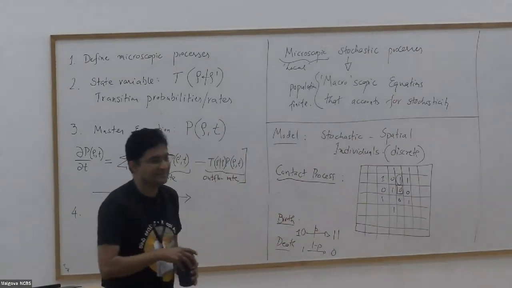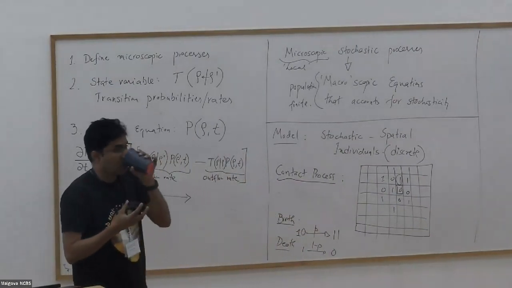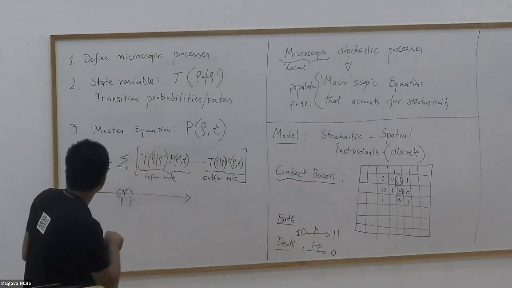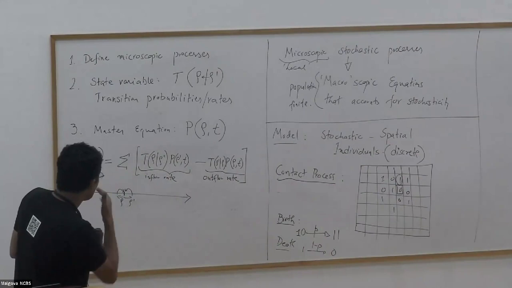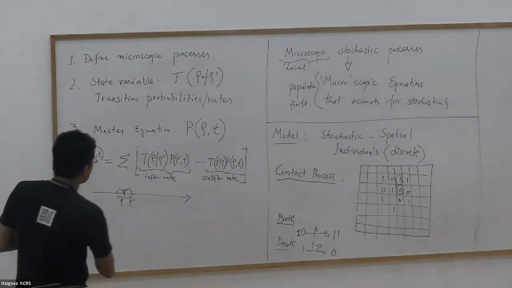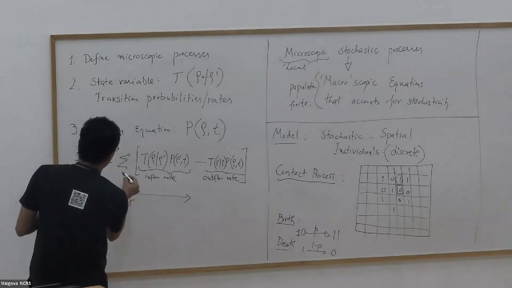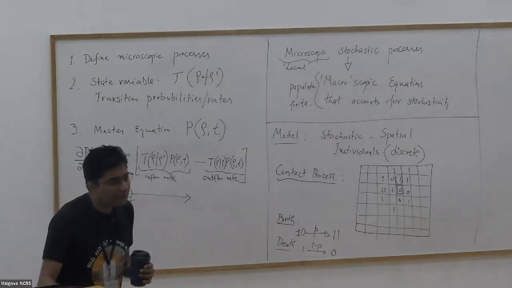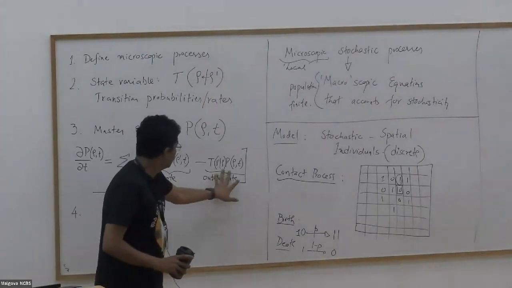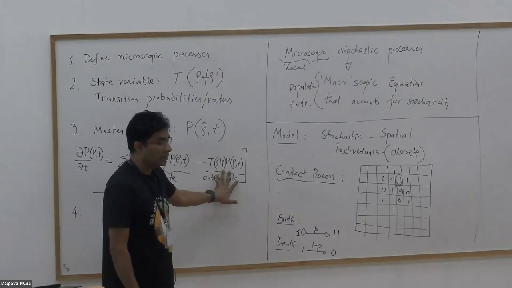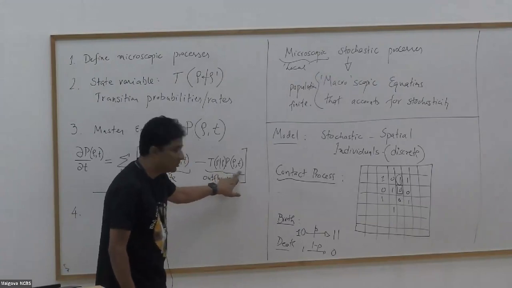Yes, you have a question? I didn't get your question, sorry. You have to sum over all rho prime here. Say you are already at rho, so you are not changing. That's what I'm doing here, no?